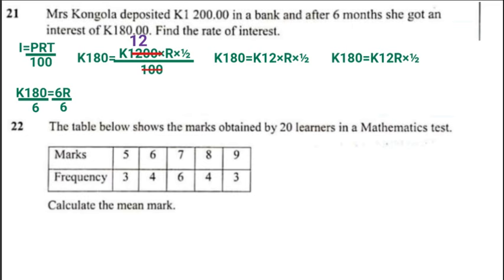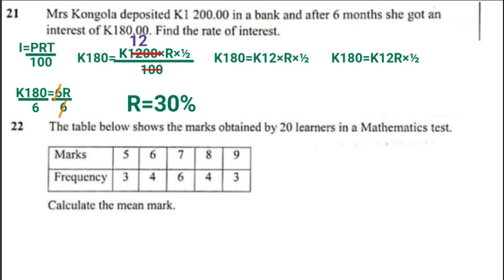I've just ignored the kwacha sign. So 6 there and 6 there cancel each other out, leaving us with R, which is equal to 180 divided by 6, which gives us 30. So 30% was the interest rate.